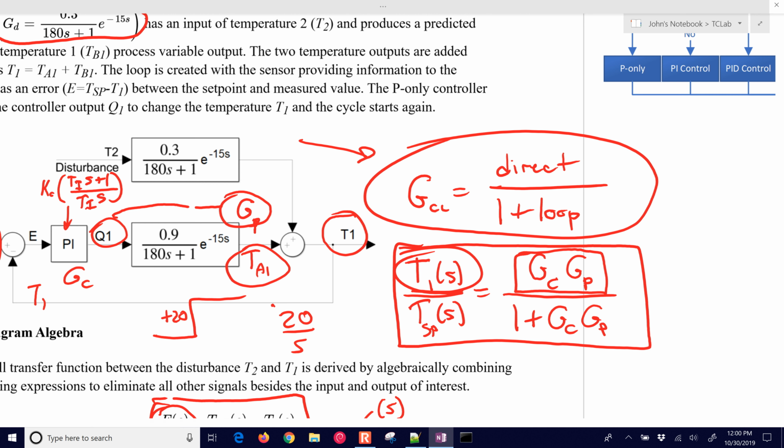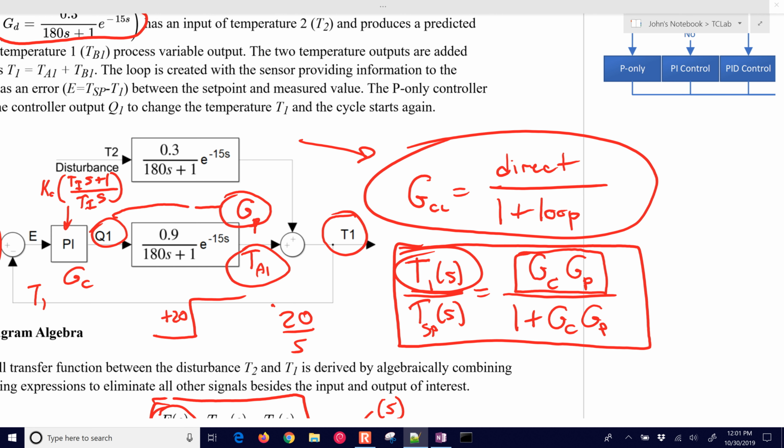We already walked through some of this building the script, and I'm just going to modify it so that we can compute the closed loop response to a set point change instead.